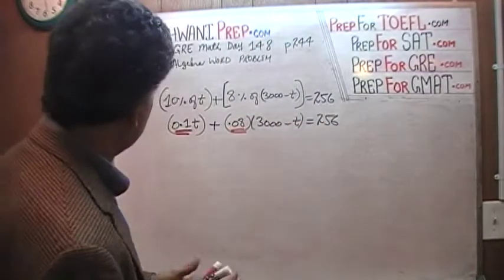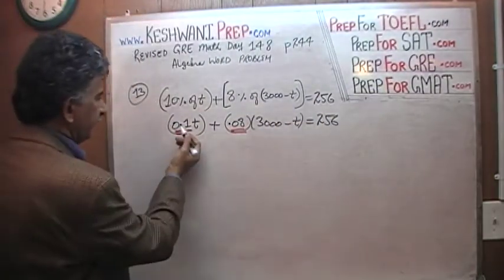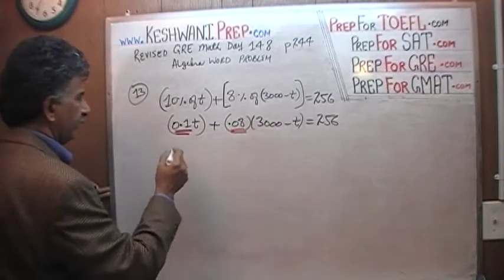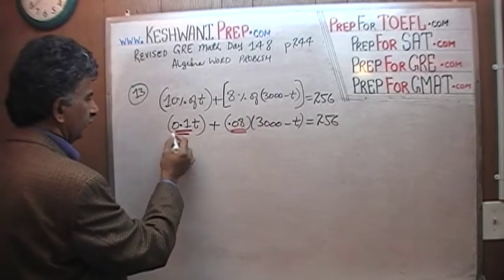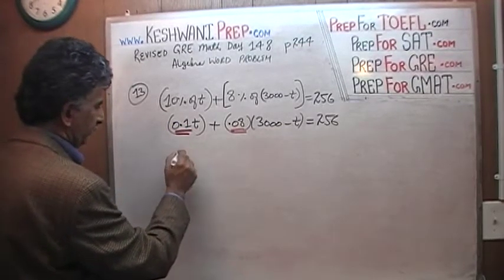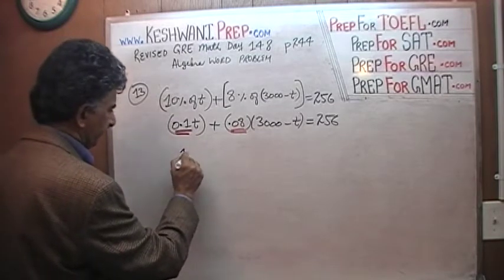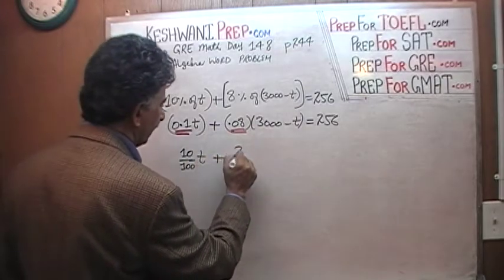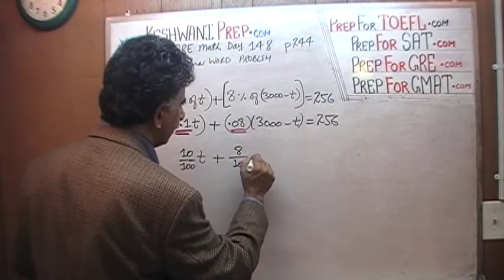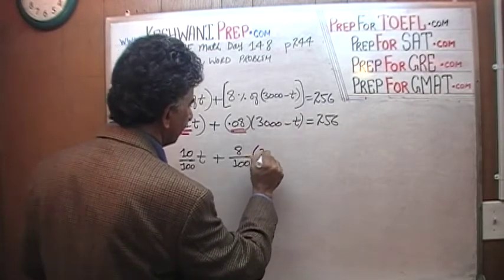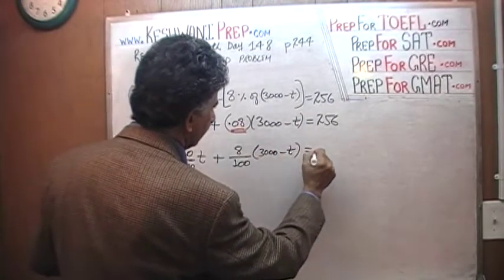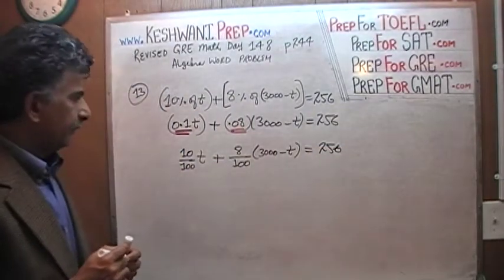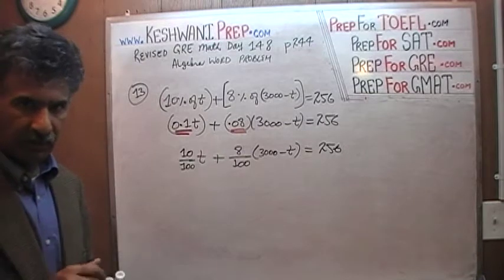So 0.10, let's multiply this. We're going to multiply the entire equation by 100. So 0.1 times 100, or better yet, let's write 0.10 as 10 over 100, which is 1/10 T, plus 8 over 100 times 3000 minus T equals 256. Now, what I'm about to do is exactly what I was talking about a second ago.